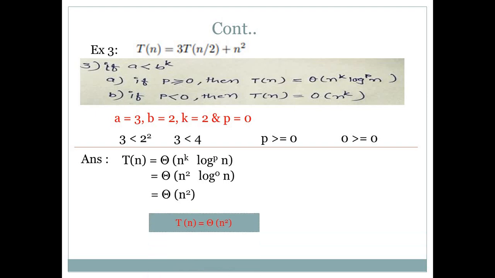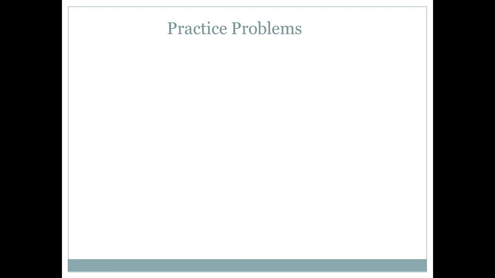So we can see that this equation 3T(n/2) plus n square is in the form of n square. Okay, so these are some examples and their solutions by the 3 different cases of the master method, or we can say master theorem. Here we have some other examples for practice.